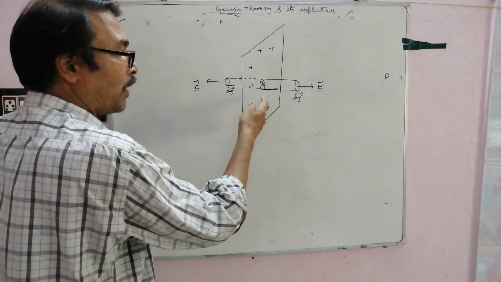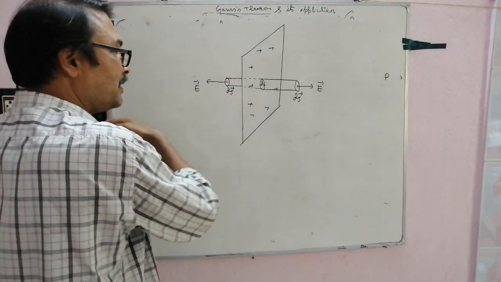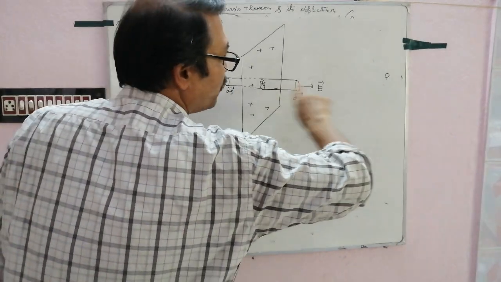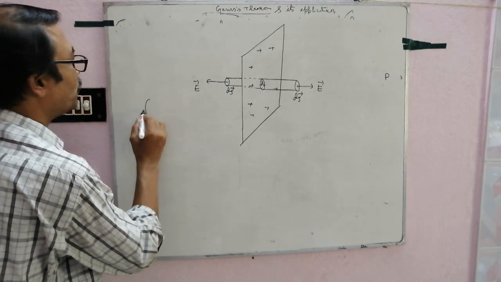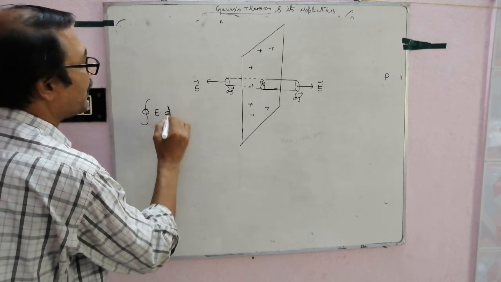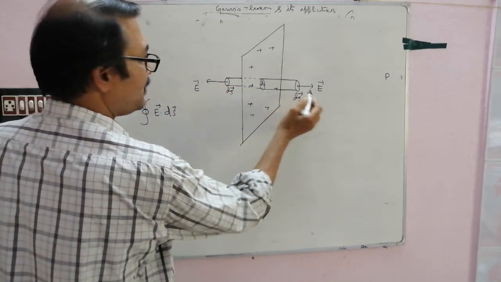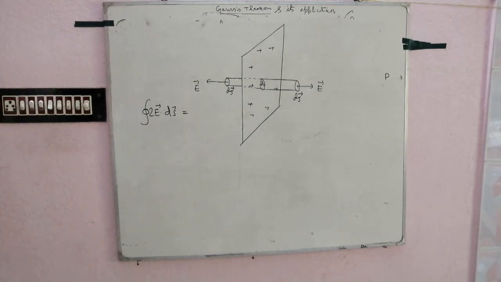Positive charge, so flux will come out in this direction, and here also, positive charge, so flux will come out in this direction. Now according to Gauss's theorem, E dot ds here, and E dot ds here, so 2 E dot ds, thin sheet.